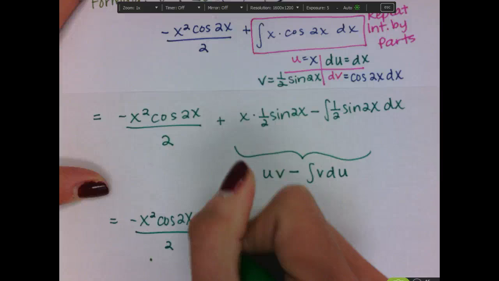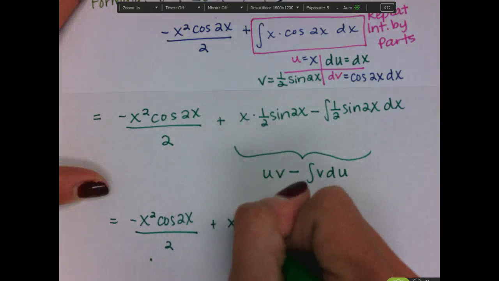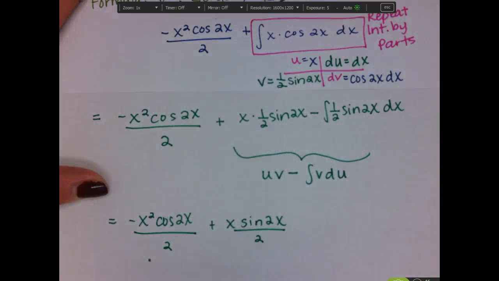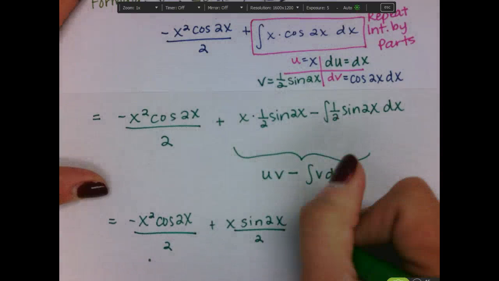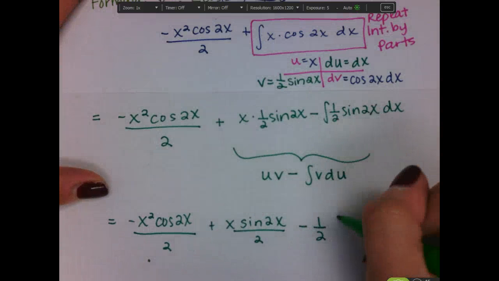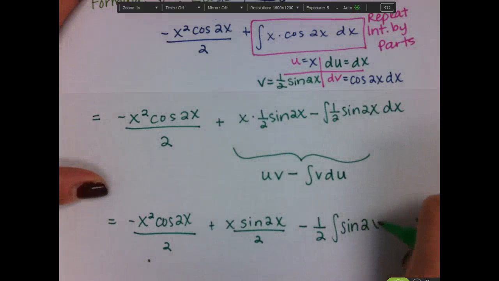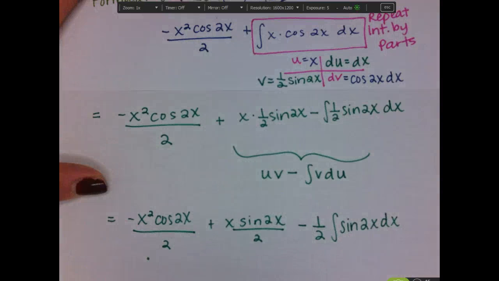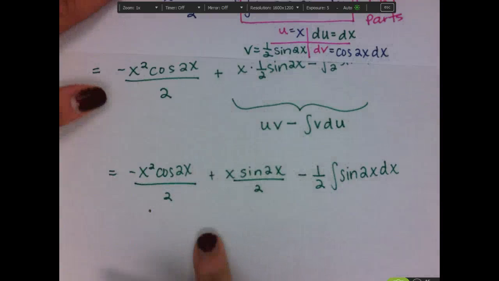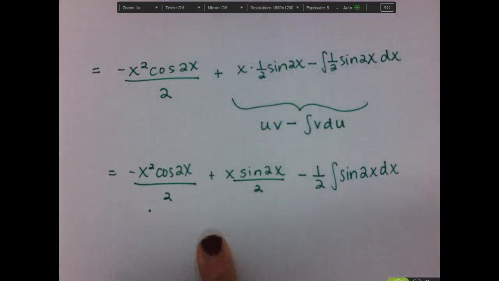So I'm just going to put the x sine 2x on the top, divide the whole thing by 2 here. On this one, I'm going to take out the constant multiple of 1/2, and I'm going to integrate the sine of 2x dx. Okay, we can do that.